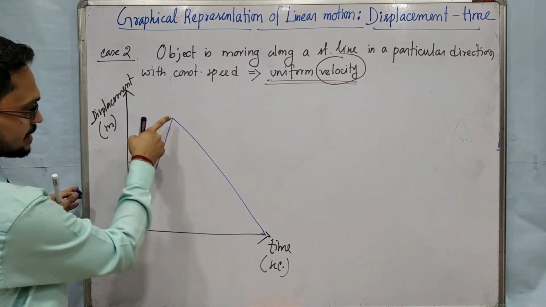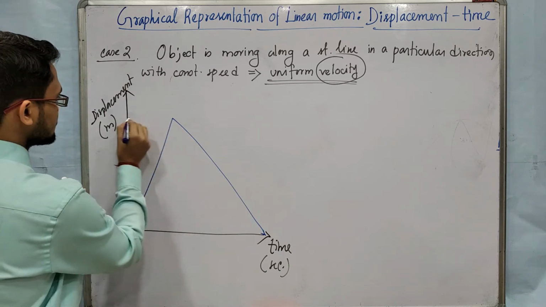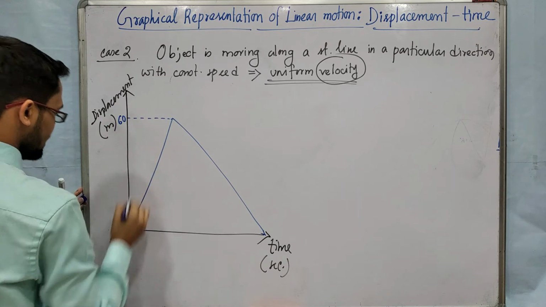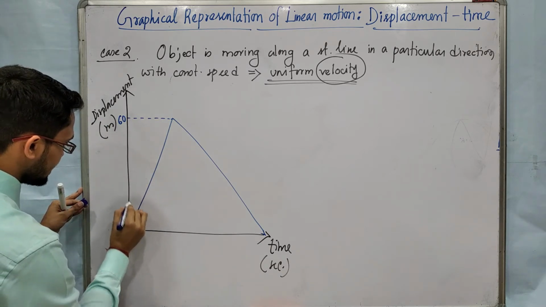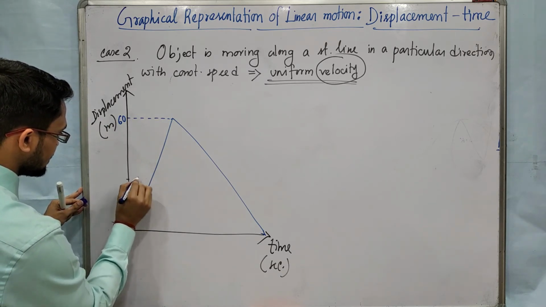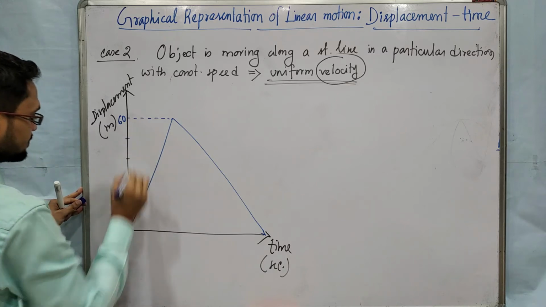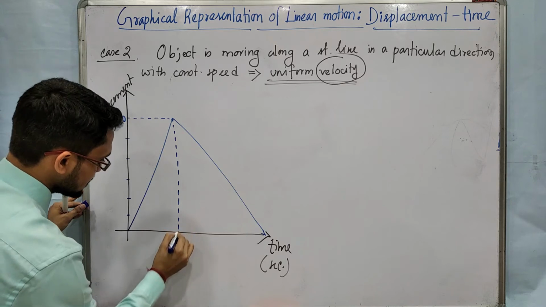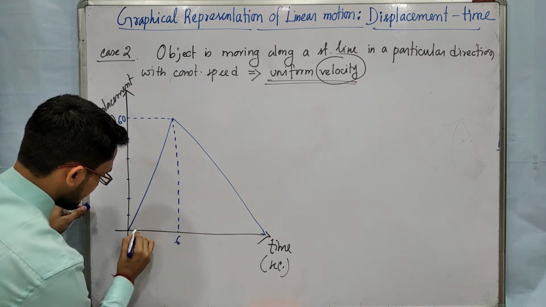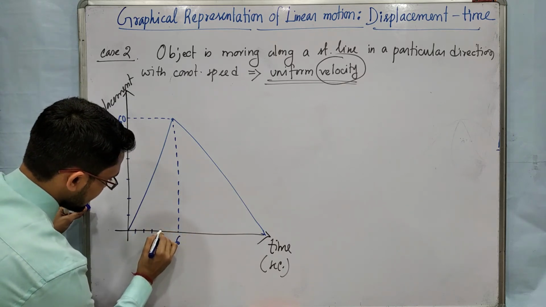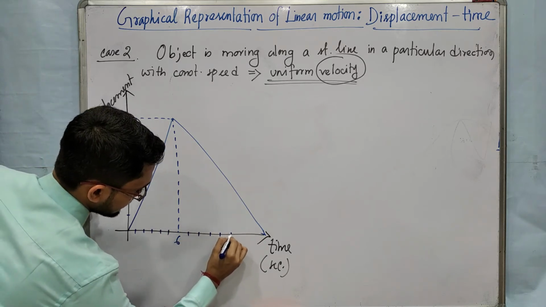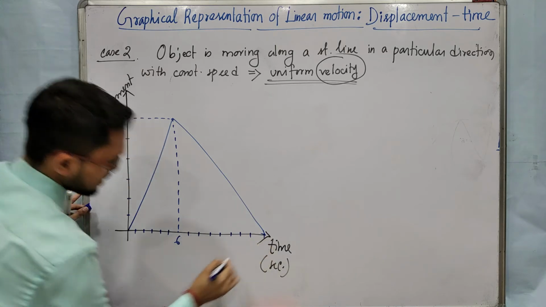Suppose this is the graph and this is another. This is a straight line, this is another straight line. I am giving some points. Suppose this is 0, 10, 20, 30, 40, 50, 60, and on the time axis 1, 2, 3, 4, 5, 6, 7, 8, 9, 10, 12, 13, 14.